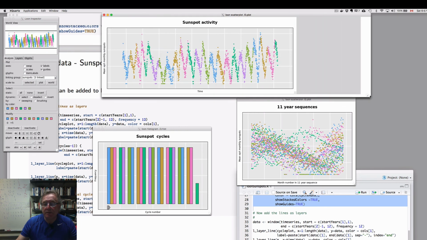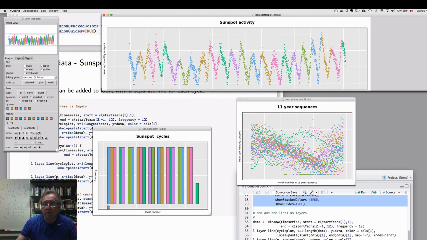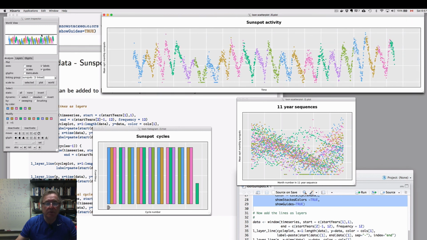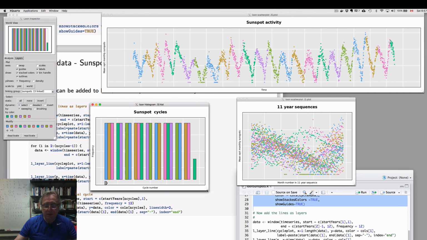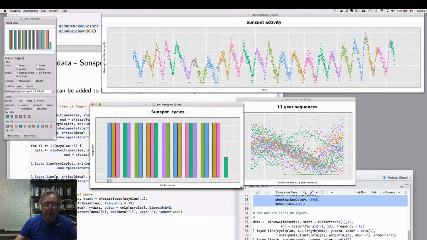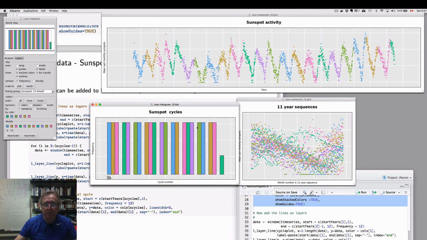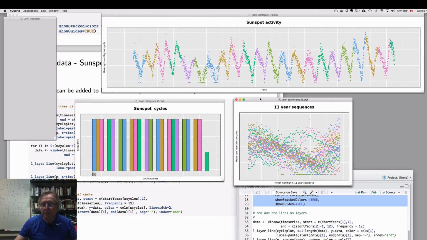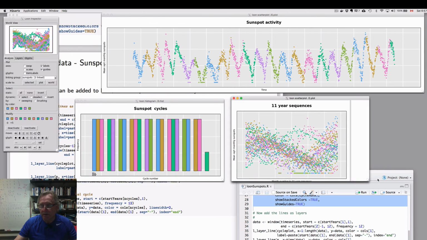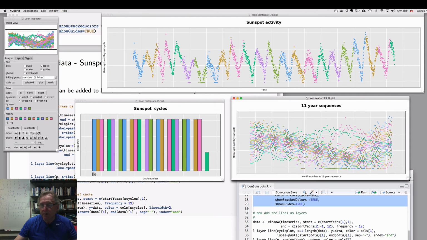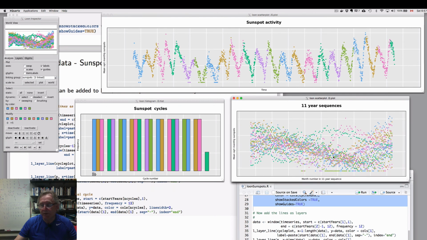So I can see the cycles, roughly those V's we saw before, again with the misalignments. I can see which cycle is which. Here with this histogram bar plot, which I select, I can pick any cycle and see where it appears in the other plots. And then this is the overlaid cycles themselves. You see roughly that V pattern that we have.